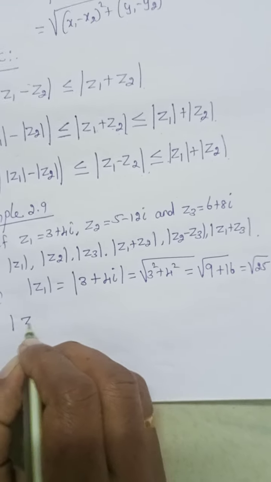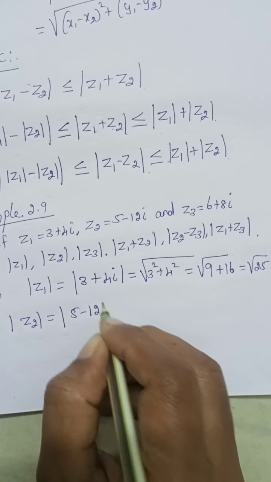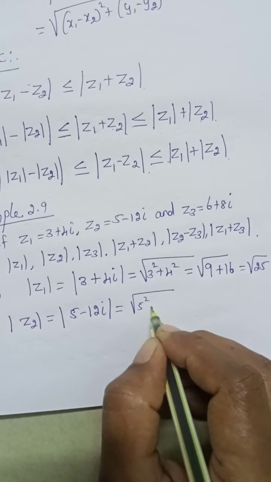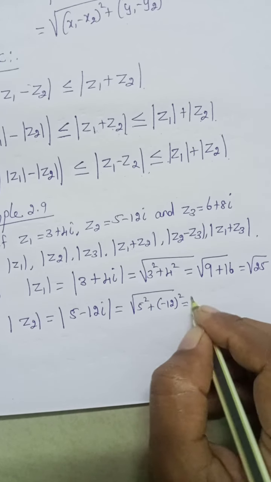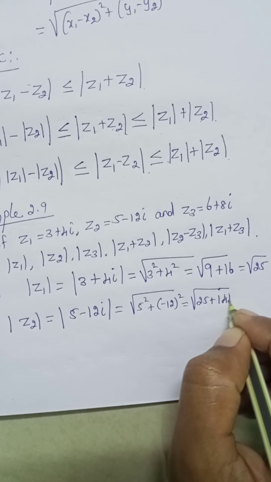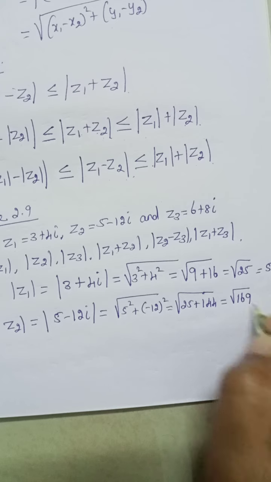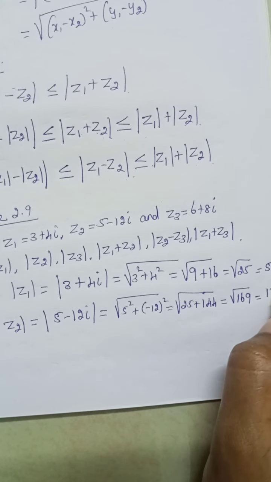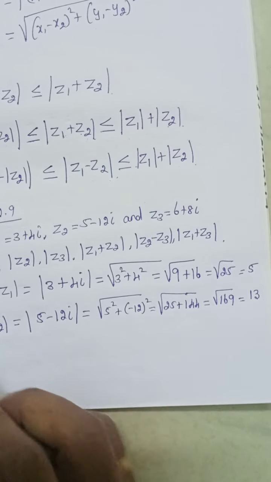Now modulus z2, that is modulus of 5 minus 12i. This is root of real part 5 square plus imaginary part minus 12 the whole square. 5 square 25 plus 12 square 144, 25 plus 144 is 169. This is also a square number: 13 into 13 is 169. So our answer is 13.